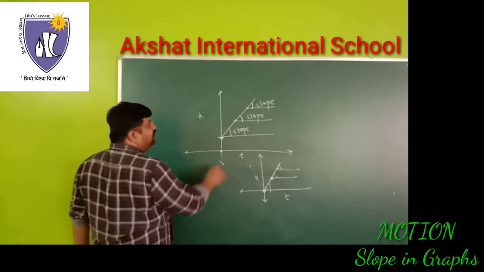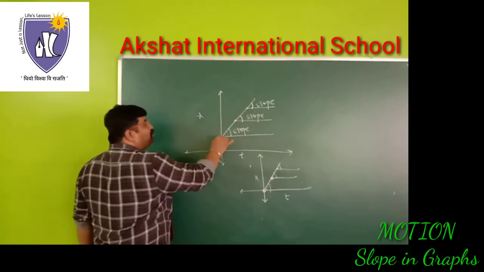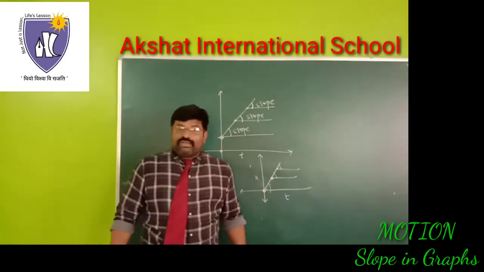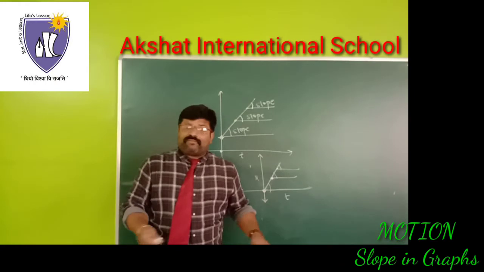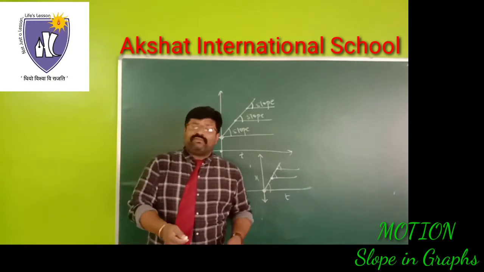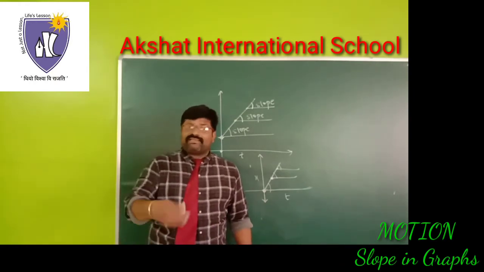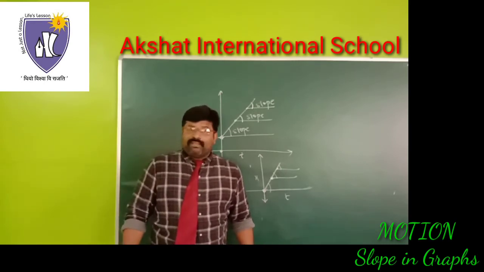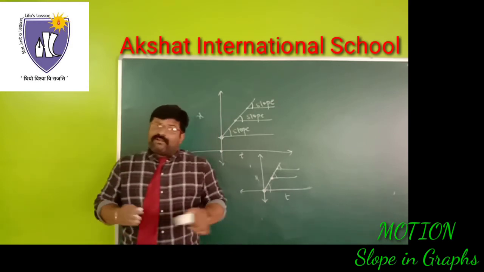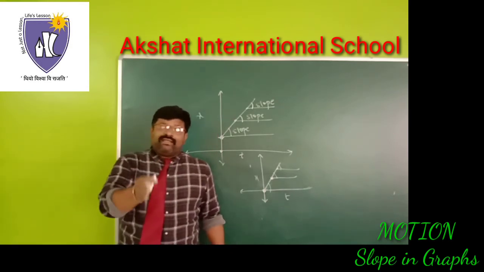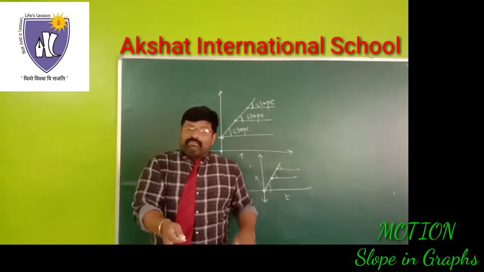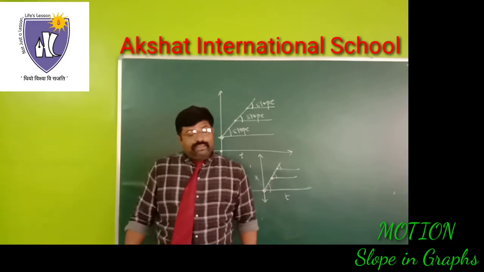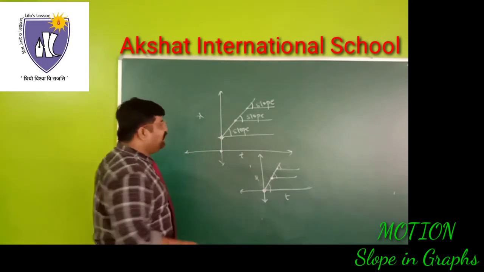So if in a graph you see that it starts from some point other than the origin, don't get confused that these graphs actually represent different motions. Like in a racing track, in a relay race, the athletes have different positions but they start at the same time. If they are moving uniformly, then we will draw the graph in this way.